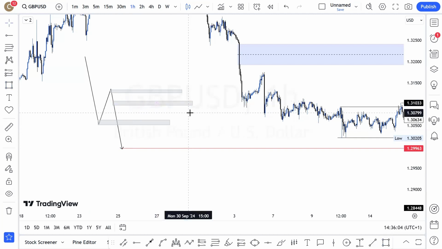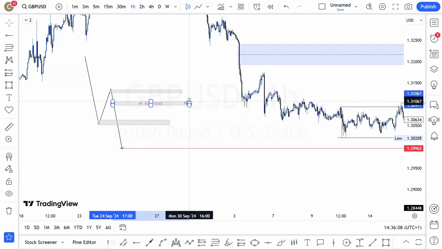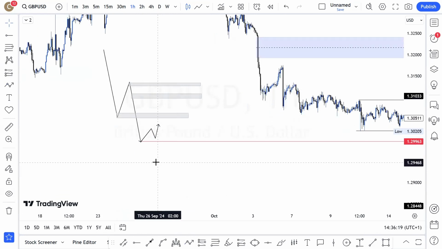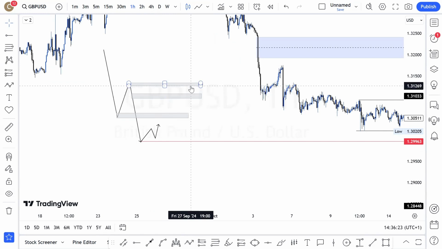Now, the problem you're going to have as a trader is when this market starts this correction from here, you know that the correction has started. Should I sell from here? Should I wait till here? Or should I wait from here? There are instances where you wait for the market to come here.